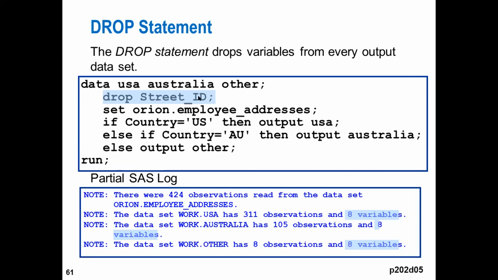Why? Because of the drop statement. Drop here is working universally for all the 3 datasets, where it should drop this street ID for the resulting 3 datasets: USA, Australia, other. Hence in the log it's showing it's dropping street ID. Therefore, the total number of variables written to all the 3 datasets are 8.